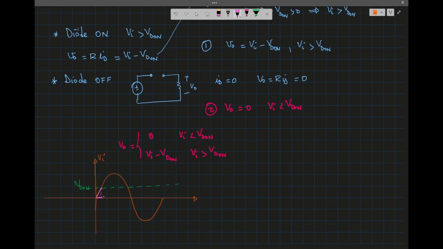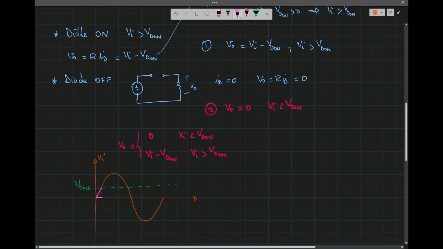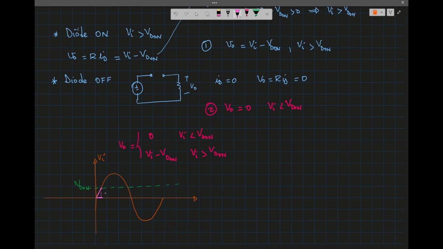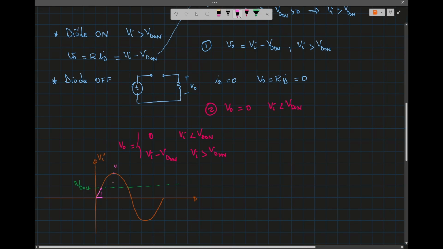Then when it reaches VD1, the diode will conduct, so the output will be equal to VI minus VD1. So at the maximum we have Vmax, minus VD1. So the voltage will be this, and then when we reach this point, it's going to be off again.